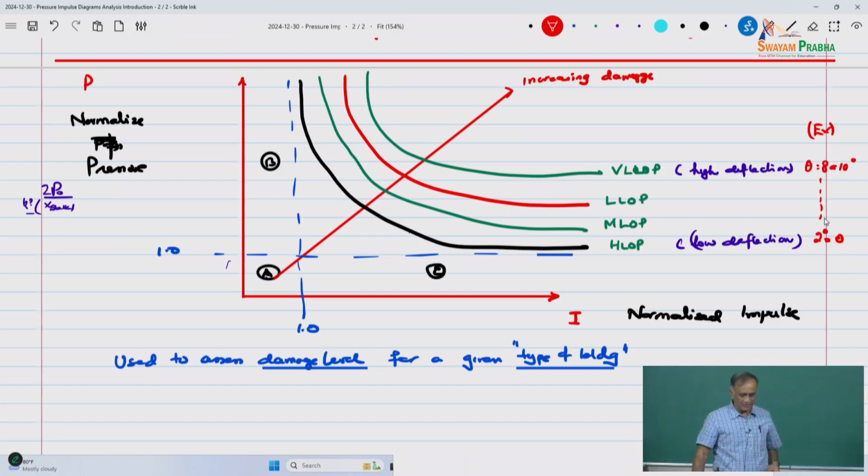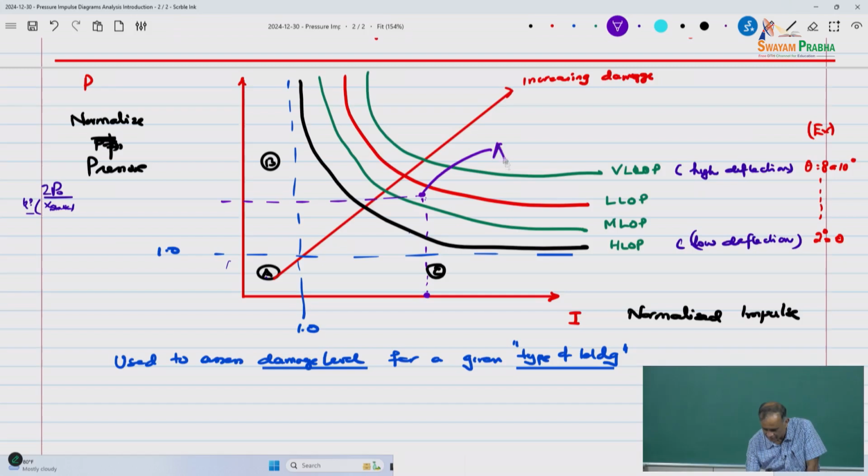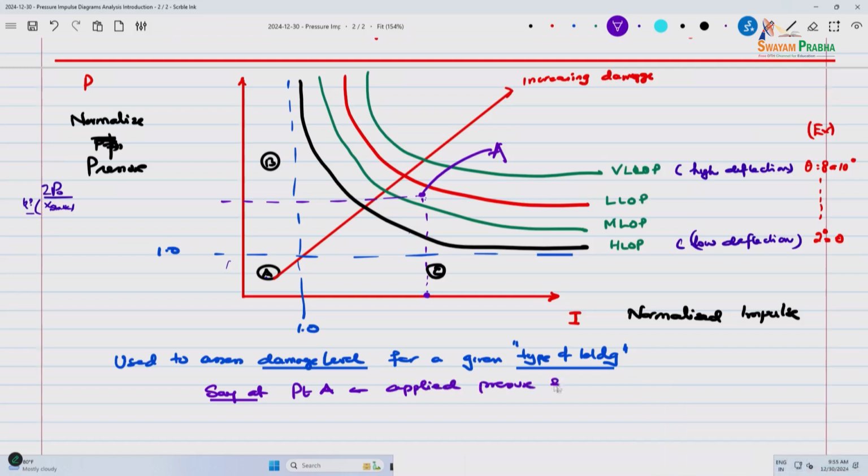So when you have a similar structure, all you do is say, okay, my normalized pressure value is so much, and my normalized impulse is so much. Remember, the x and y axes are independent. So let's say this is point A, the applied pressure and impulse for the structure.